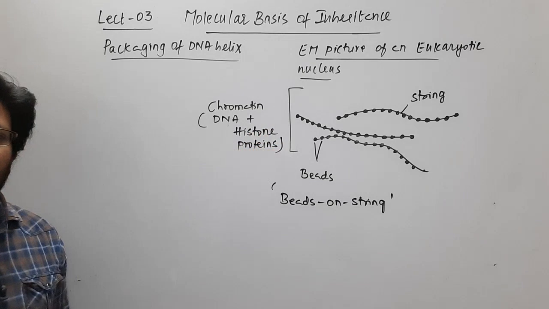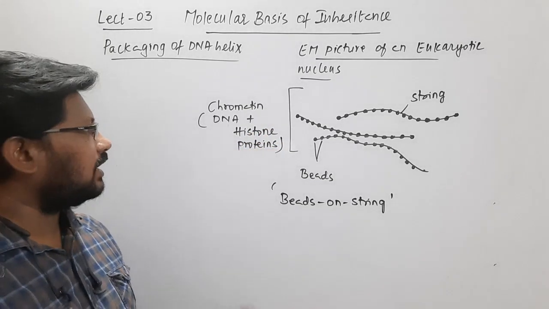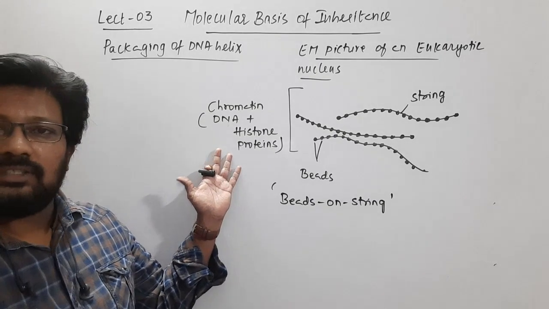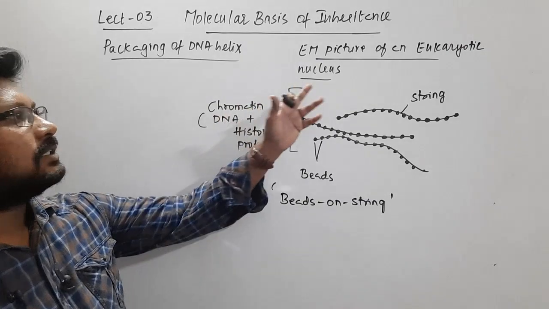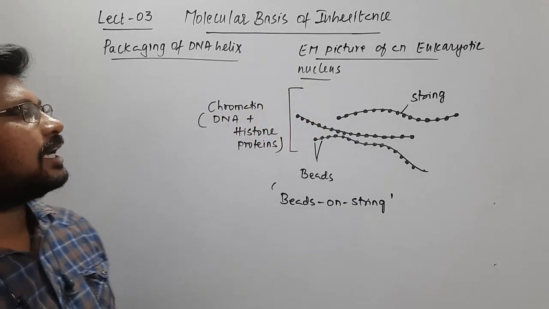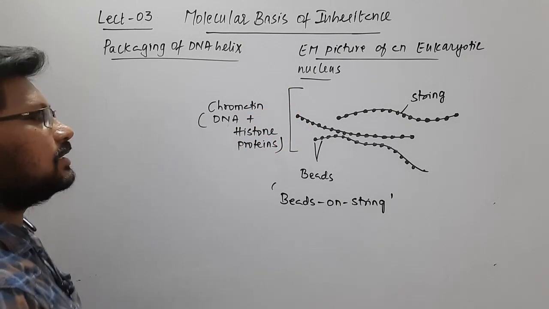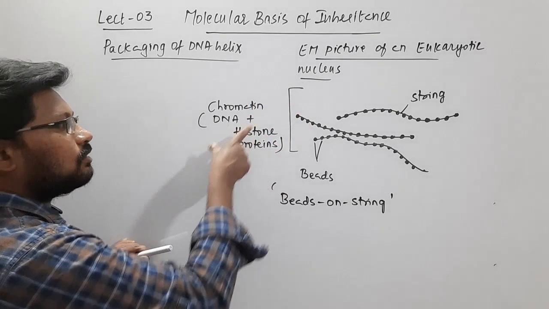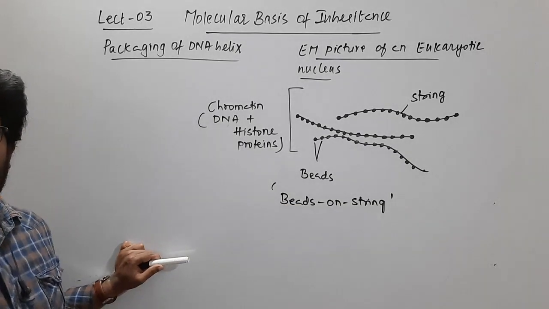Later I'm going to discuss in detail what these histone proteins are made up of. So when scientists have taken the electron microscope picture of an eukaryotic nucleus, they have seen the chromatin as beads on string-like appearance.